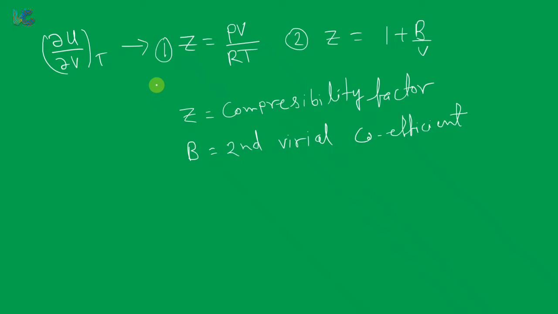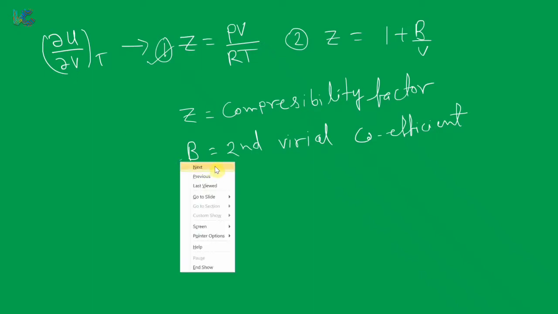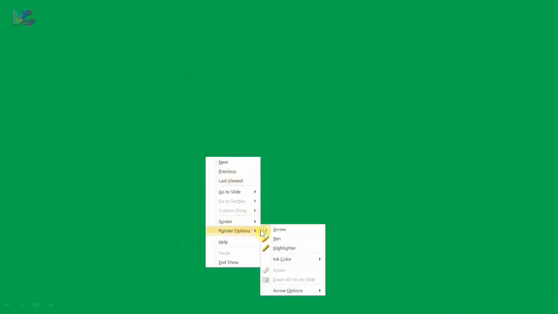So first let's do it when Z is equal to PV by RT. We'll find the value of del U del V at constant T. For that you have to use the first thermodynamic equation of state.